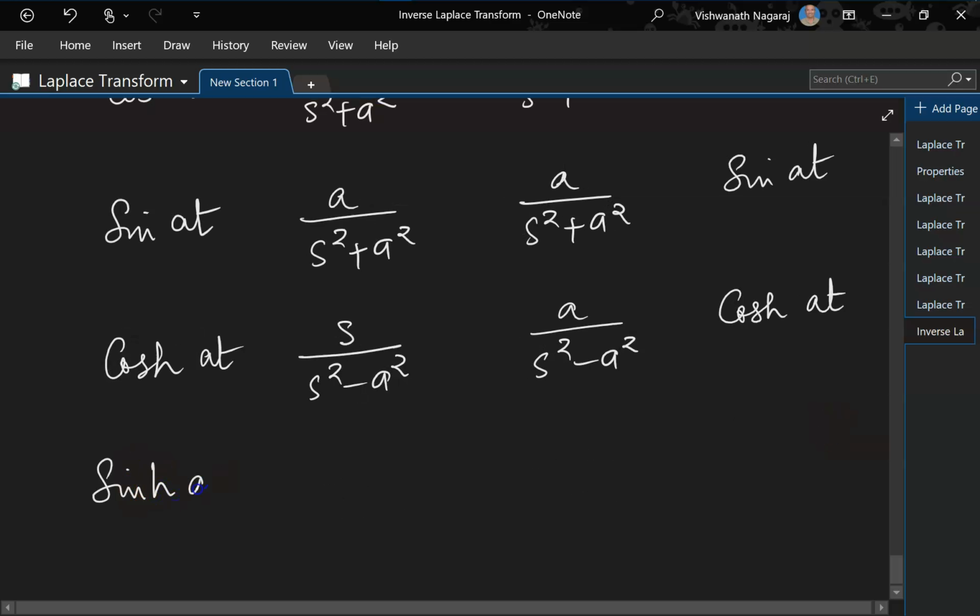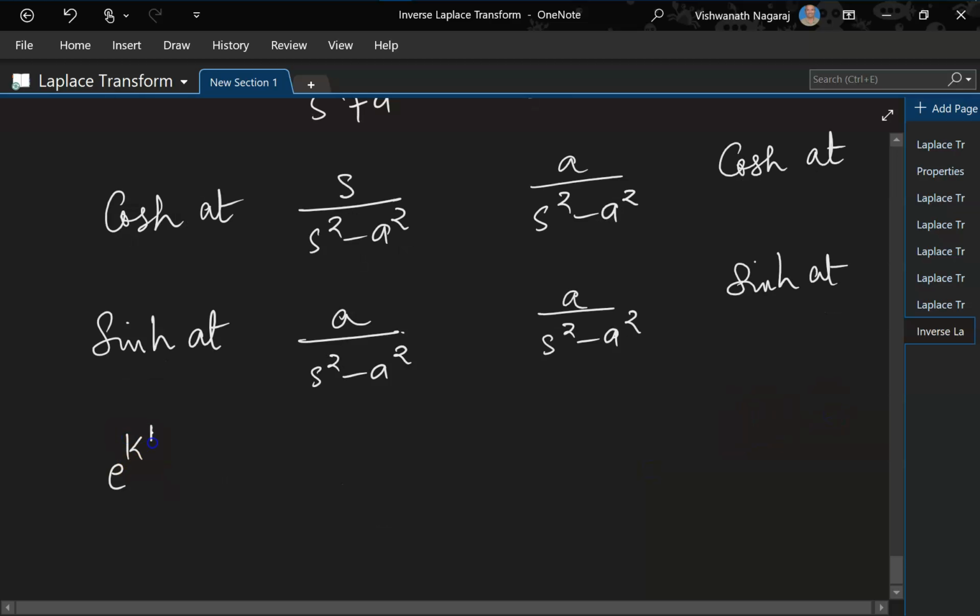Hyperbolic sine of at would be a by s square minus a square, hyperbolic sine of at. Then e to the power of kt times t to the power of n. This would be n factorial by s minus k to the power of n plus 1.